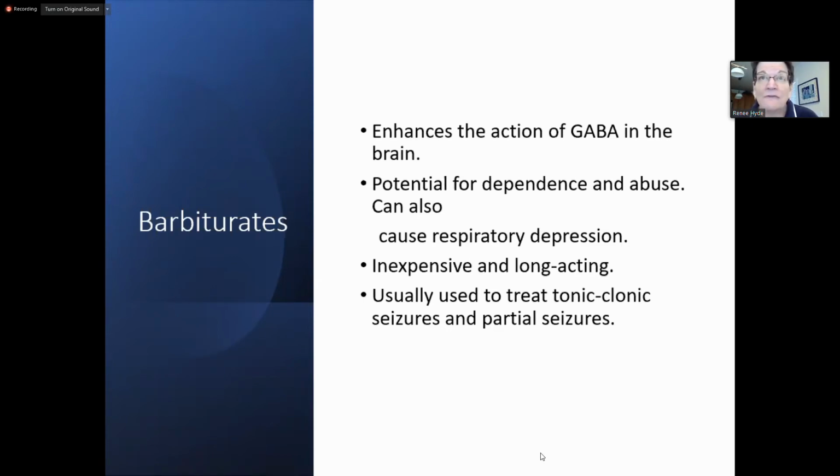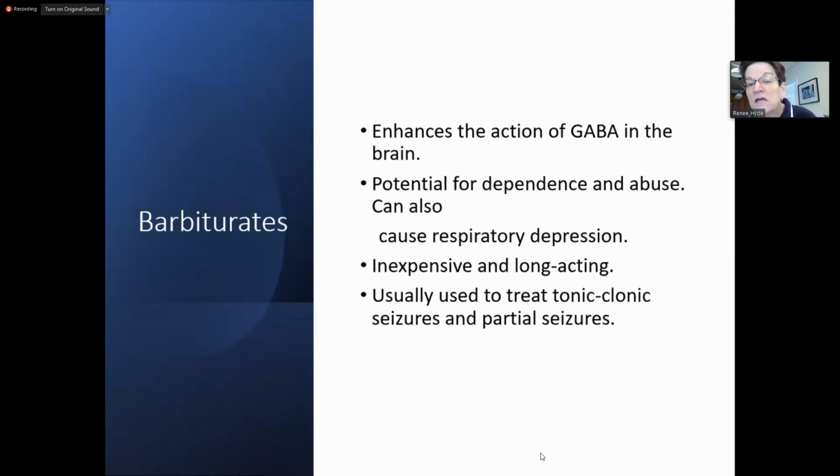These are meds that are on that $4 list at Walmart or CVS, so sometimes they're used for patients with lower socioeconomic levels because they can afford them. Some of the newer anticonvulsants are extremely expensive and are priced out of reach for those patients.